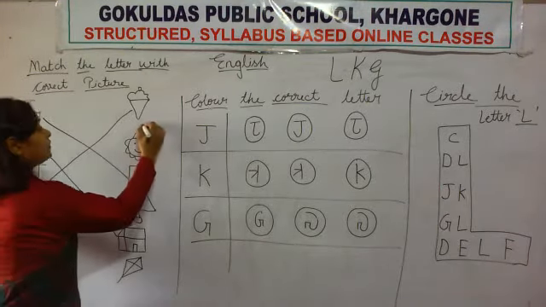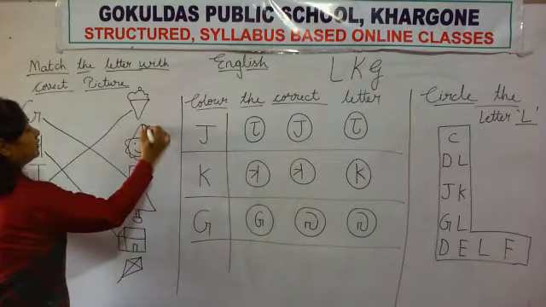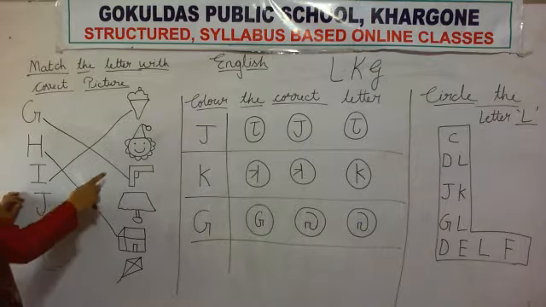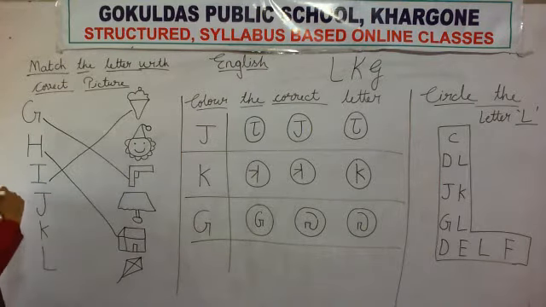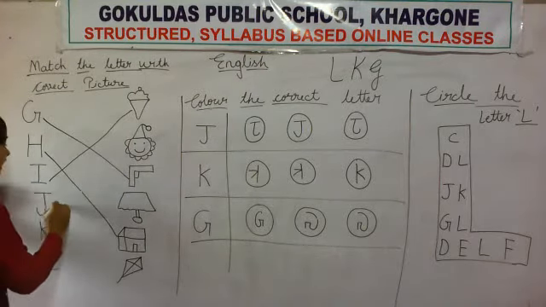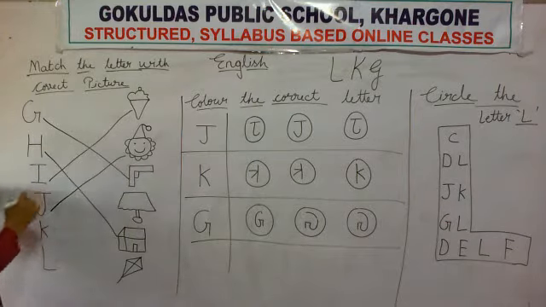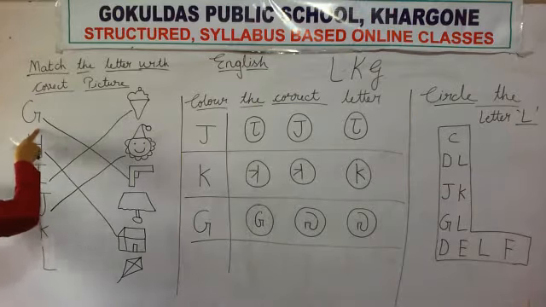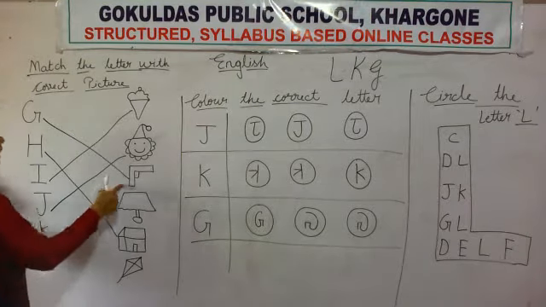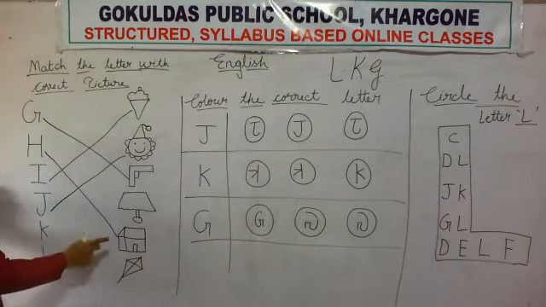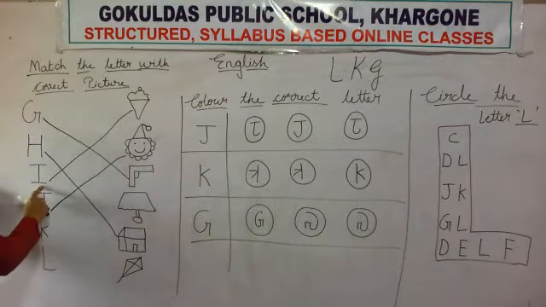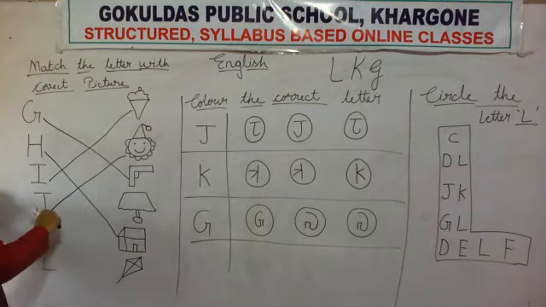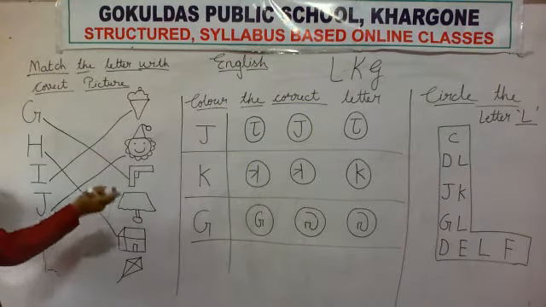J for joker. We will match J with joker. G for gun. H for house. I for ice cream. J for joker.